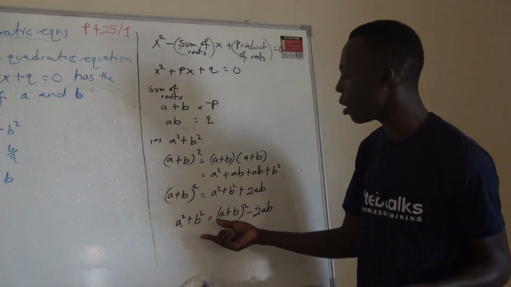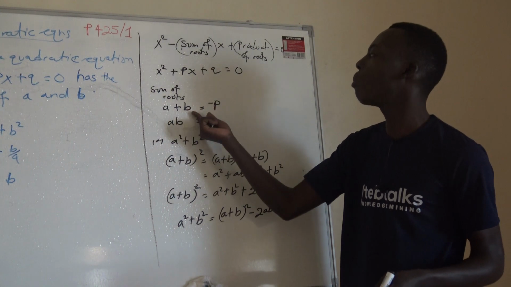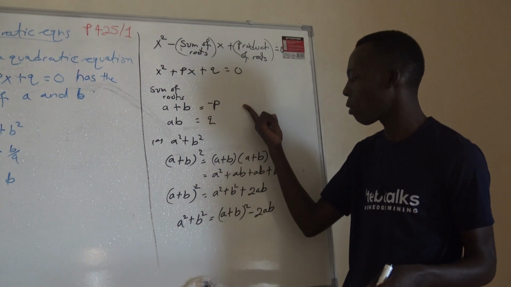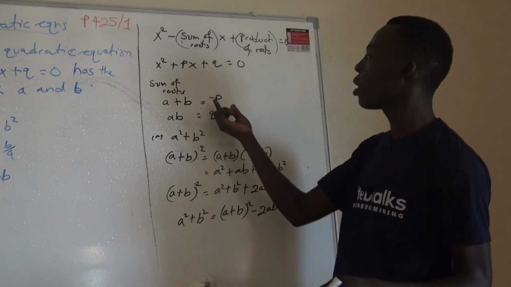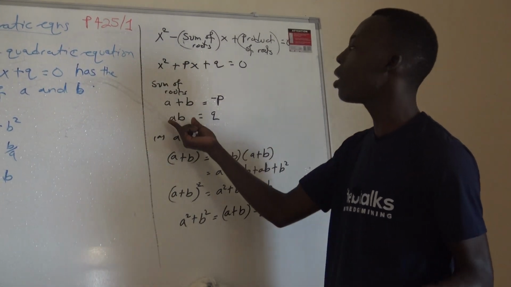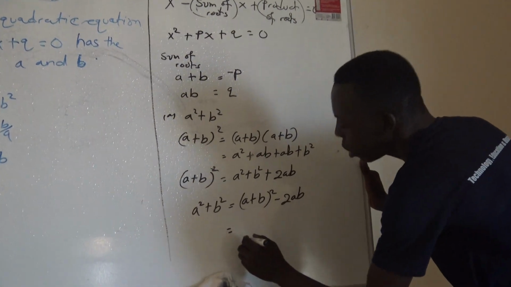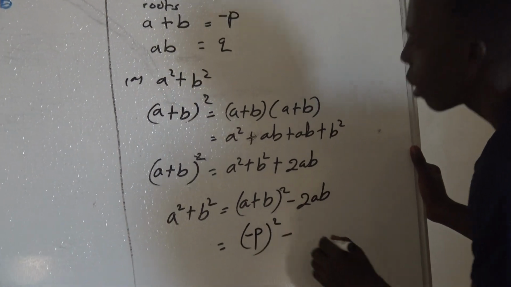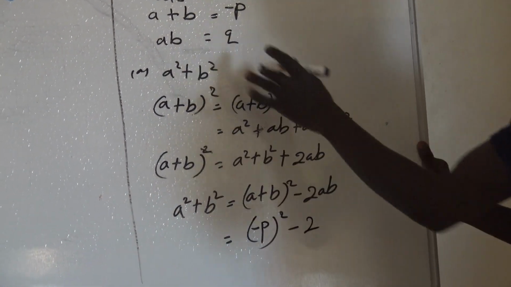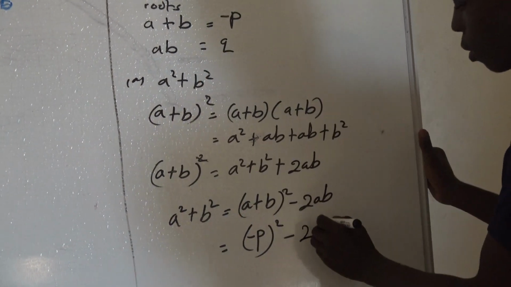So after getting this, we know that we said a plus b is the same as negative p. So substituting, where there's a plus b, we put negative p, and where there's ab, we put q. So for that case, it will be negative p squared minus 2 times the value of ab, which they have said is q.